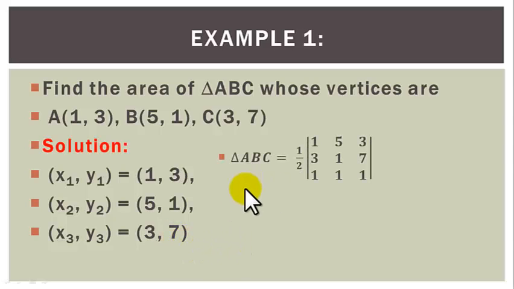Then recall the area of triangle ABC is equal to half times the absolute value of the determinant of the matrix consisting of x1, x2, x3 in the first row, that is 1, 5, 3, y1, y2, y3 in the second row, that is 3, 1, 7, and 1, 1, 1 in the third row.